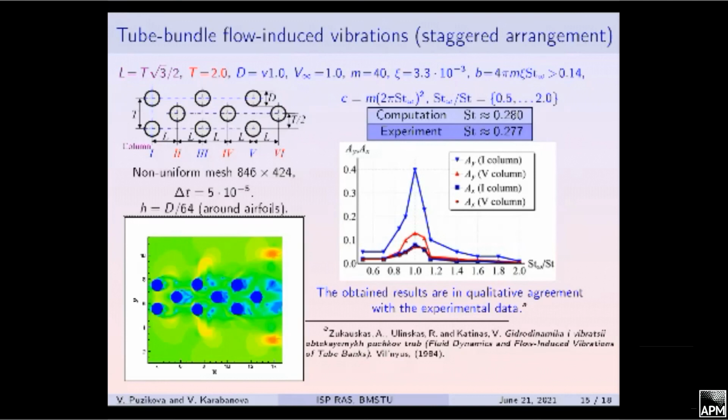Tubes from the first column behave like single airfoils, and in case of staggered tubes arrangement, the amplitude of the tube oscillations along the vertical axis significantly decreases with the increasing column number.